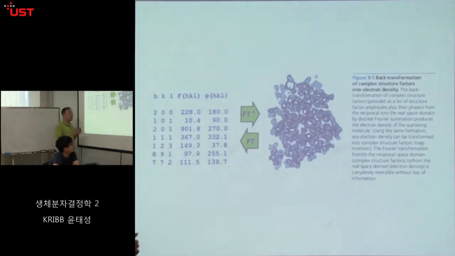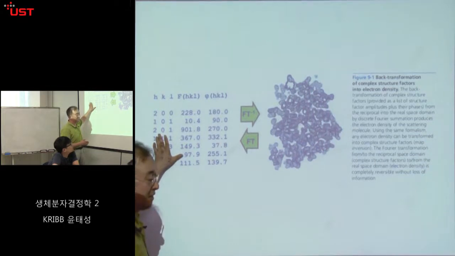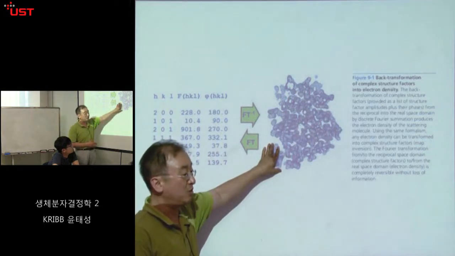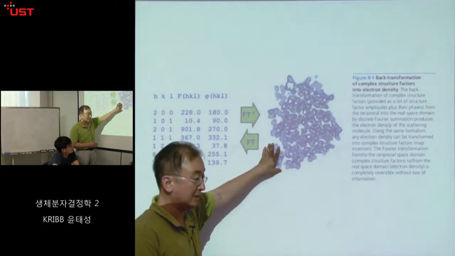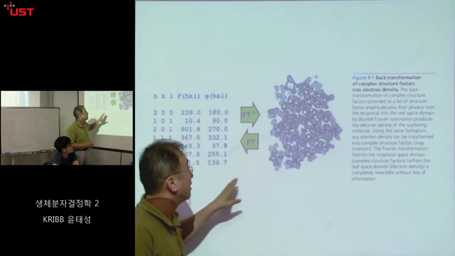Okay? But to demonstrate what the author is trying to explain, we just have some representation of HKL data, and some representation of such an electron density function. But this figure itself is not a function.